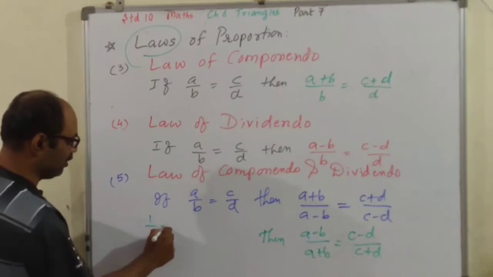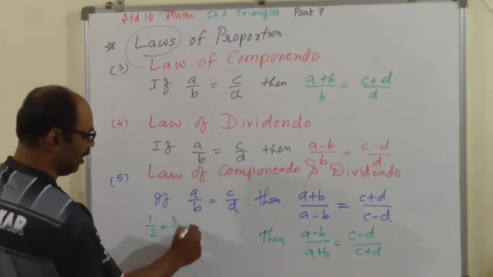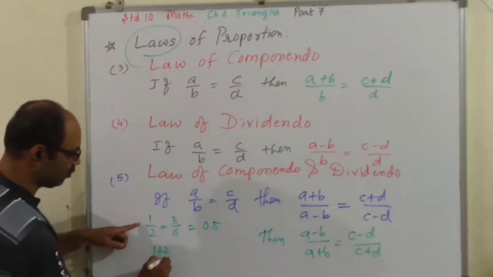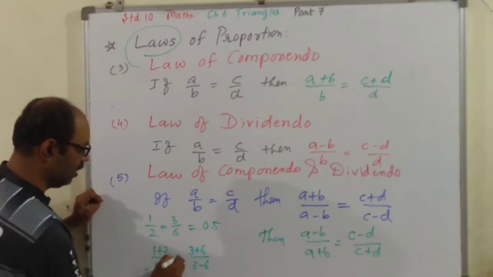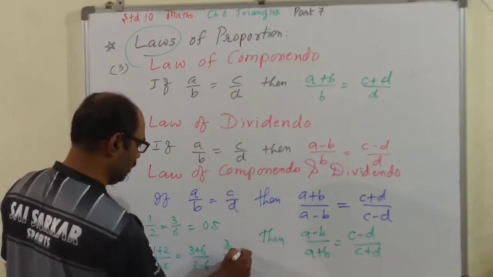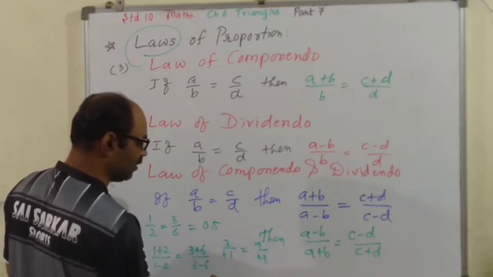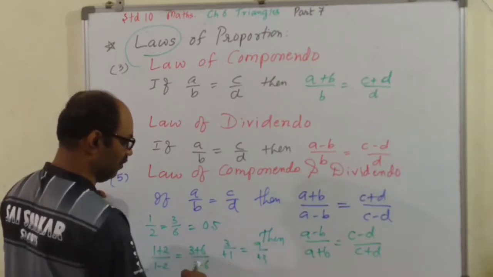1 upon 2 is equal to 3 upon 6. 2 threes are 6, 2 threes are 6, and each value is 0.5. But if I write 1 plus 2 upon 1 minus 2, and here 3 plus 6 upon 3 minus 6, then what are you getting? 1 plus 2 is 3, 3 upon minus 1. This one, 9 upon minus 3. Minus minus cancels. You can see 3 threes are 9, 1 three is 3.